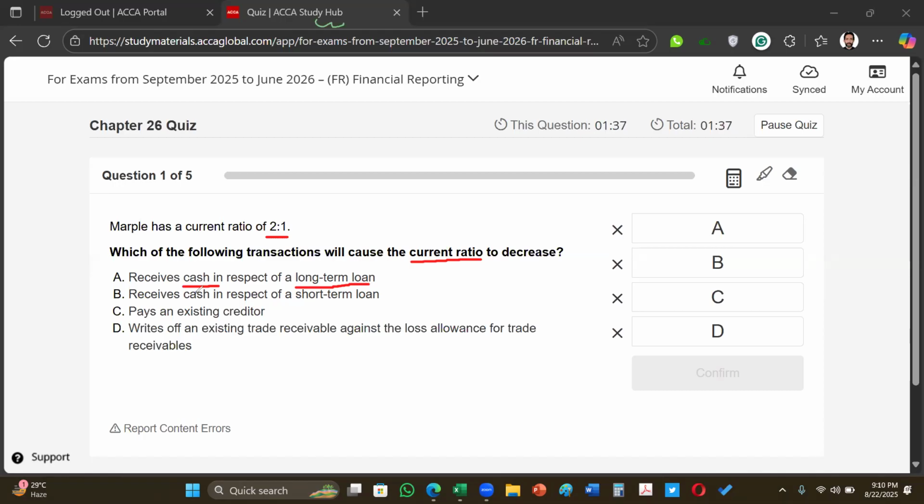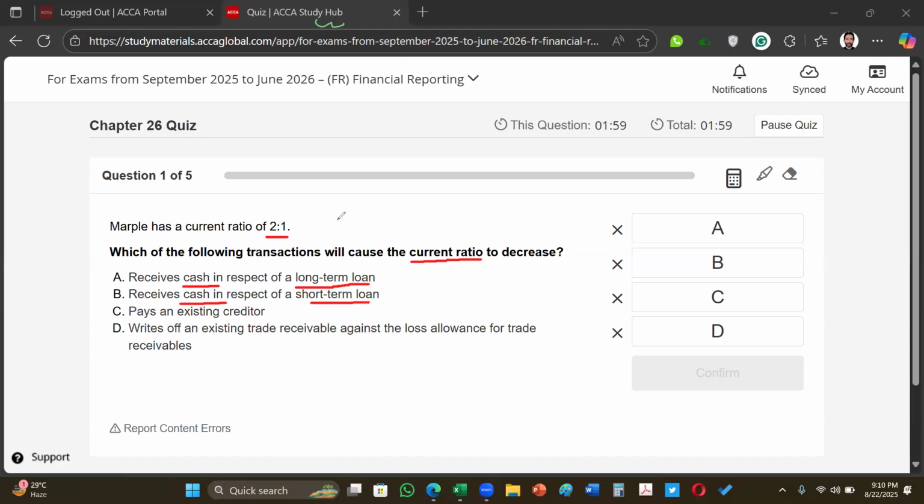Whereas if we look at the second one, we have received cash in respect of a short-term loan. Taking out a short-term loan would mean an increase in the current liabilities, and an increase in cash as well.